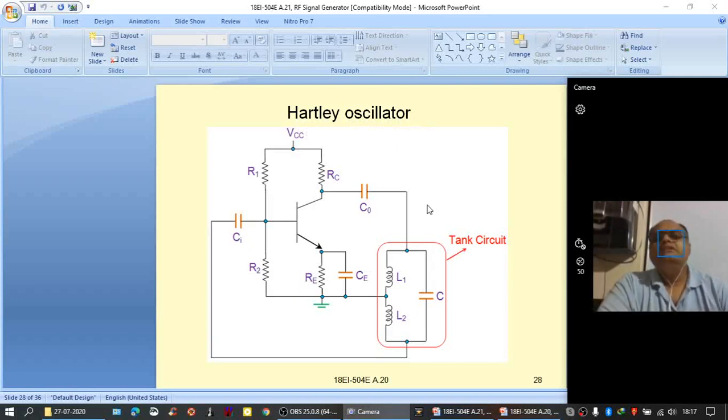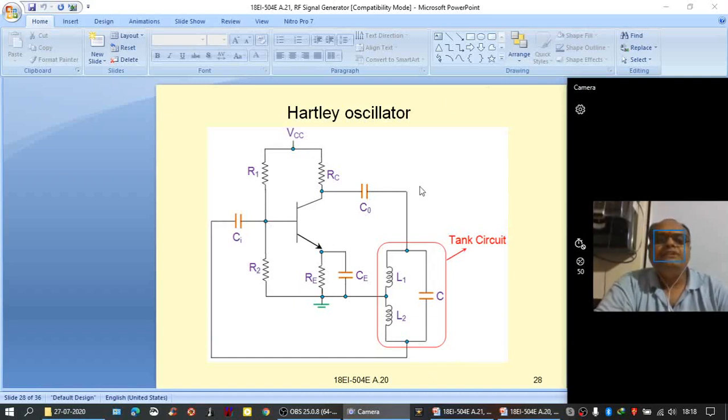And we have seen in the last topics, that is in the audio frequency oscillator, we discussed the Wien bridge oscillator. The Wien bridge oscillator uses only passive components, and it produces stable and effective signals in the audio frequency range without any distortion.